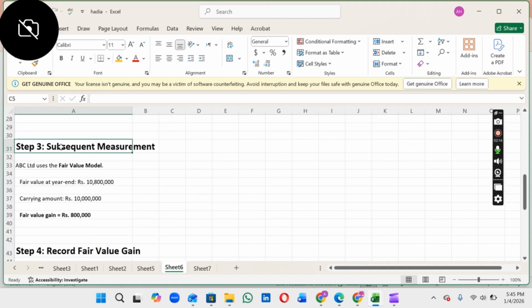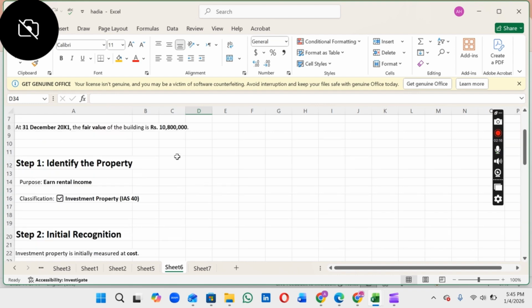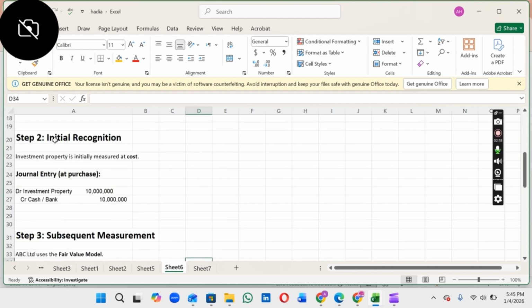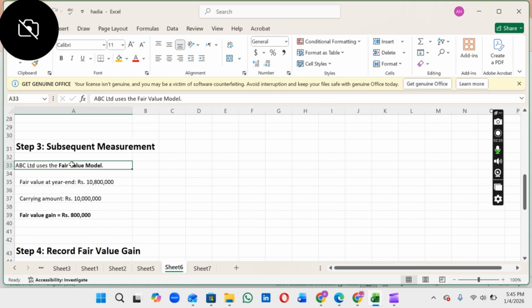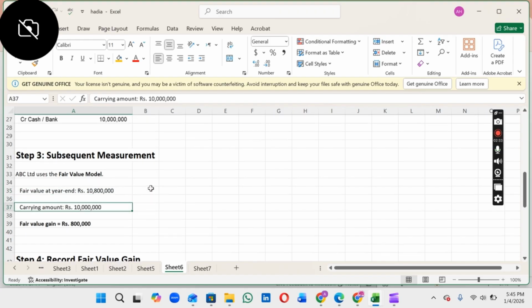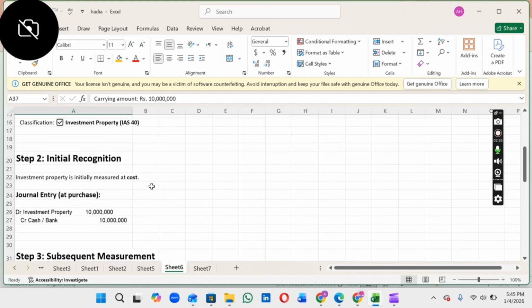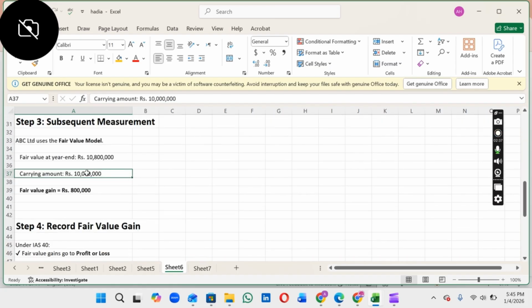Okay, the third step is subsequent measurement. So the company is adopting the fair value model for subsequent measurement. We will record our property at 10.8 million at the year end, and at the start of the year it had a carrying value of 10 million.